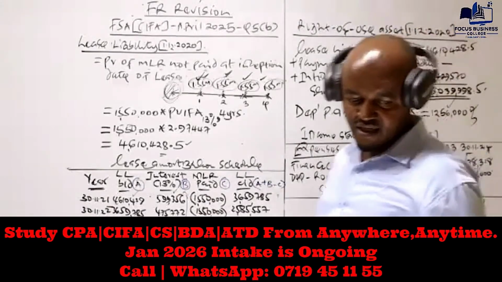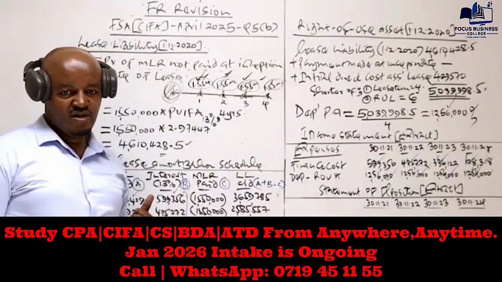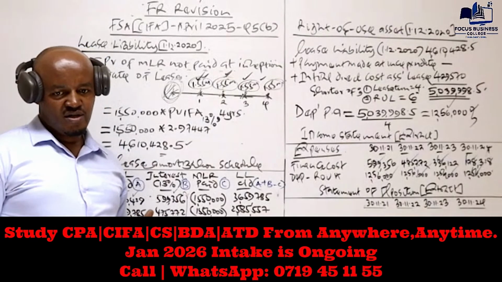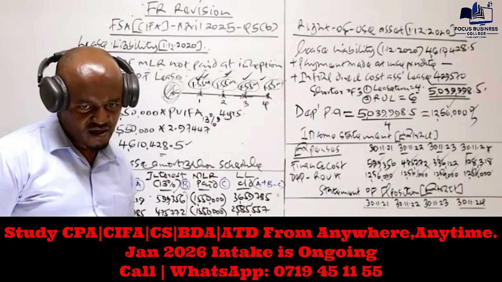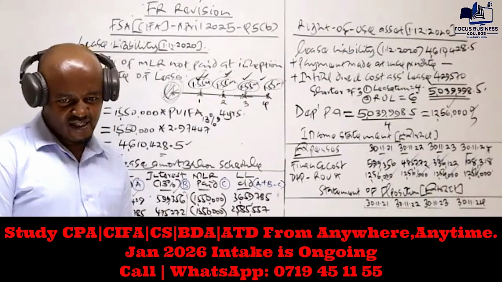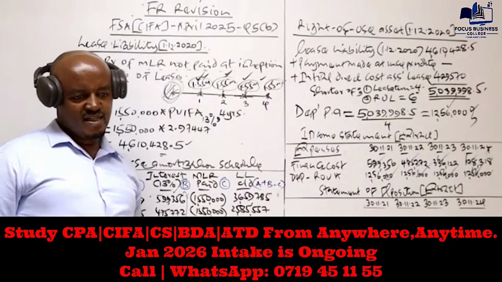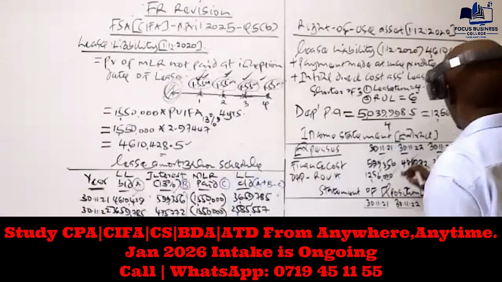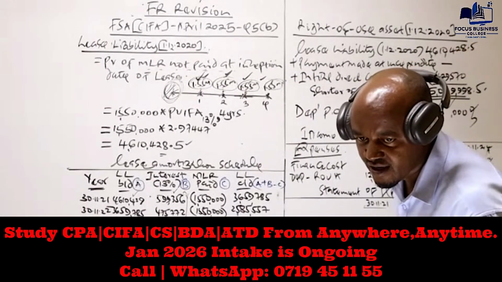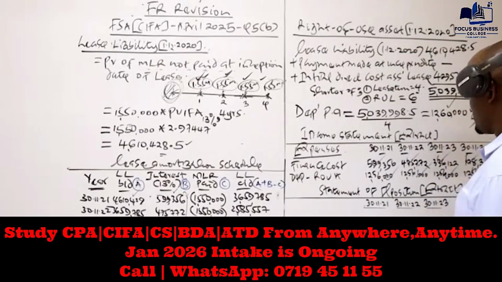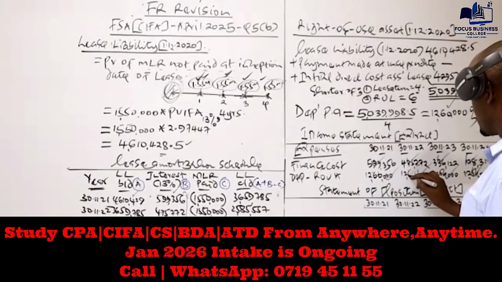Now, in the statement of financial position, how many items will be recognized here? 3 items. Automatically, the figure which you have, to the nearest whole number, should be 1260.